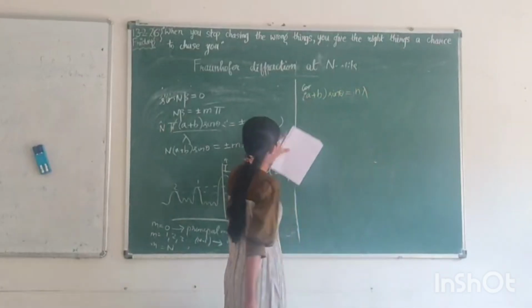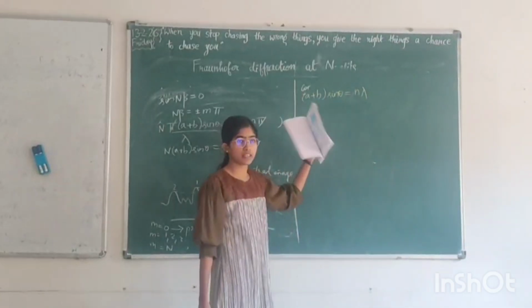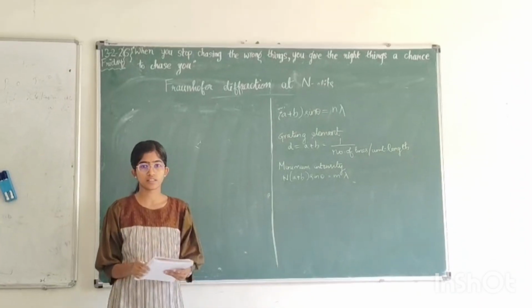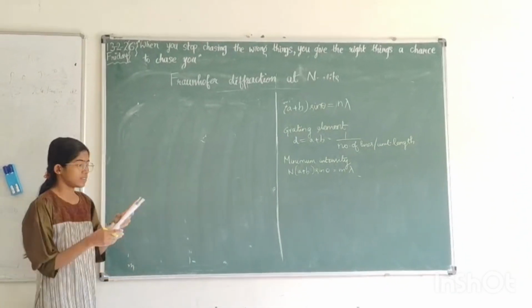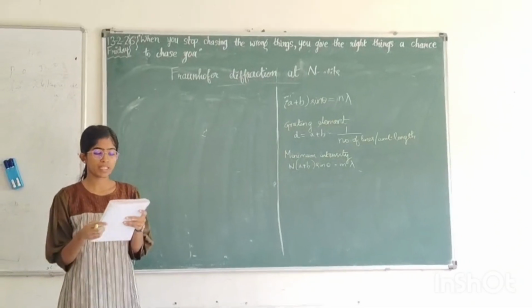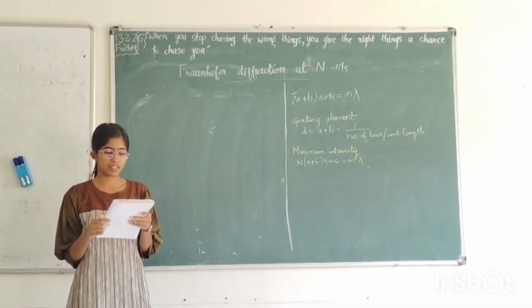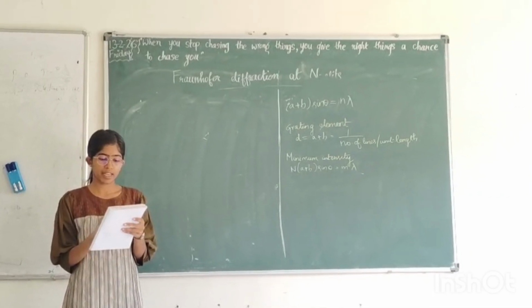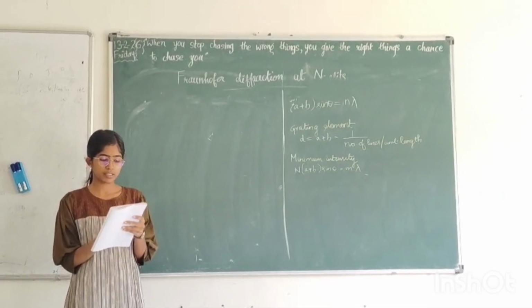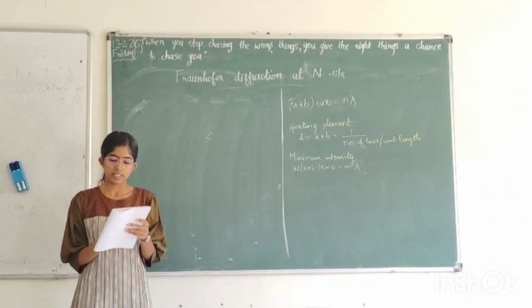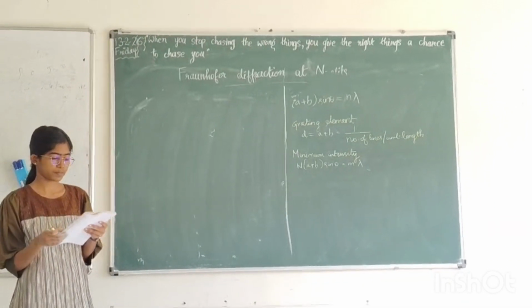This a plus b can also be written as d. With these equations we solve one question. The question is: a monochromatic light with a wavelength of 2.5 into 10 raised to minus 7 meter strikes a grating containing 10,000 slits per centimeter. Determine the angular position of the second order bright light.